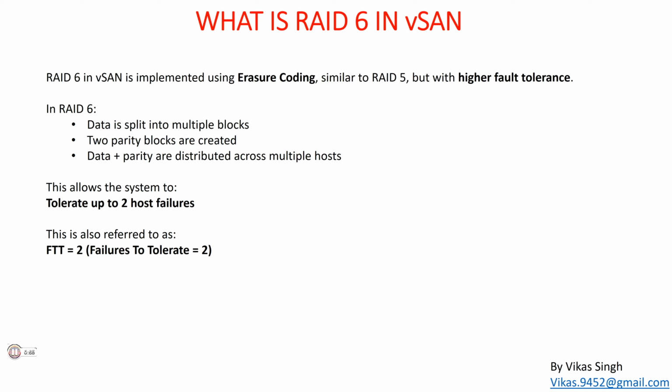Basically, in RAID 6, data is split into multiple blocks, two parity blocks are created, and both data and parity are distributed across multiple hosts. This design allows the system to tolerate up to two host failures, which can be referred to as failures to tolerate, or FTT equal to 2.